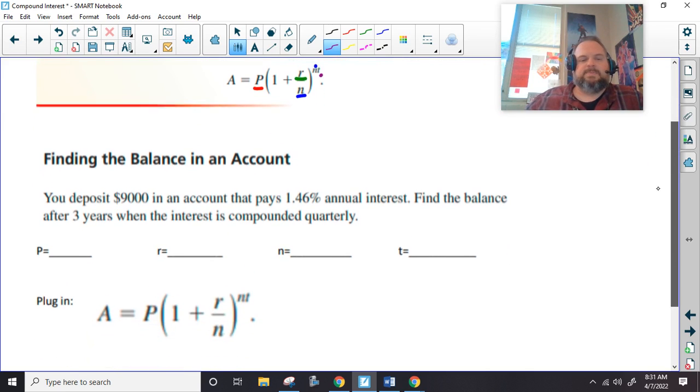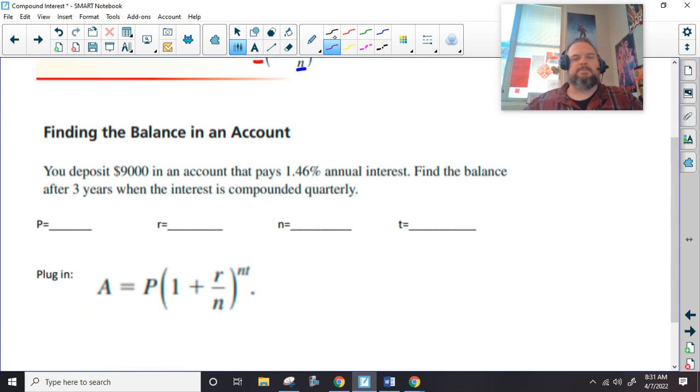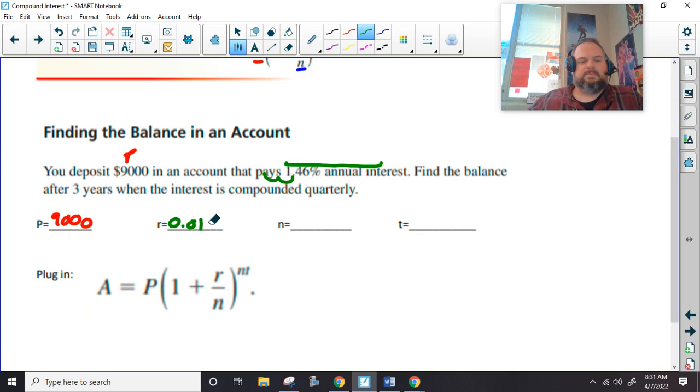All right, so let's look at this. You deposit $9,000. That's our P. Go ahead and write that right here, 9,000, in an account that pays this annual interest. So that rate, I had to move the decimal place 1, 2 to the left. That's how my R goes.